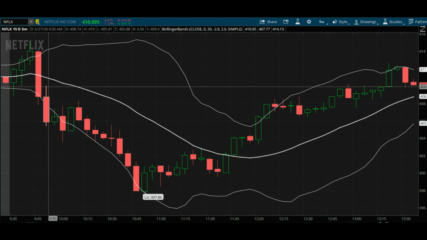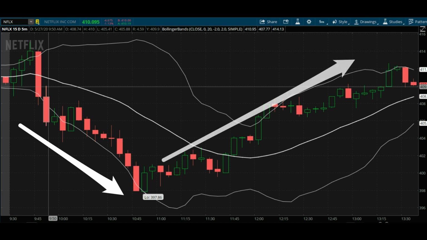So looking at the chart, going from the left, price action decreases all the way down to the bottom Bollinger Band. And price action again works its way back up to the top of the Bollinger Bands. As soon as it reaches the top, we see again it working its way back down.